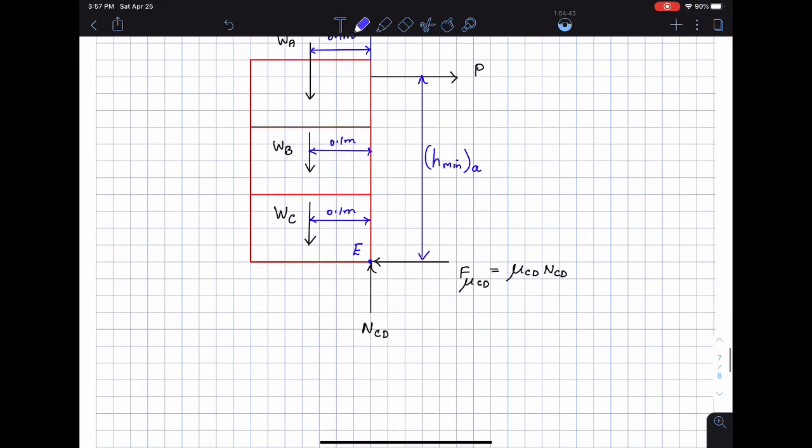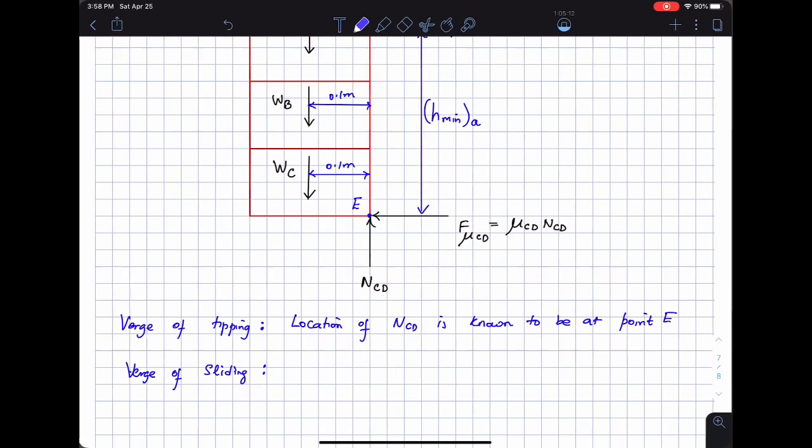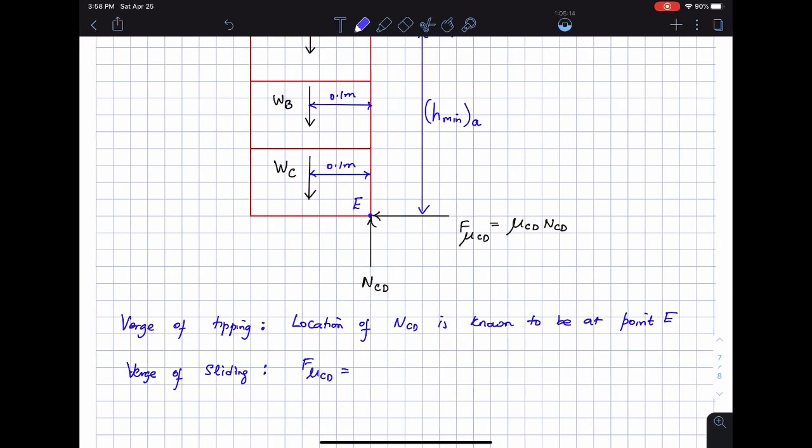Since it's on the verge of tipping, the location of NCD is known to be at point E, and with verge of sliding, we know that in this case F mu CD is equal to mu CD times NCD.